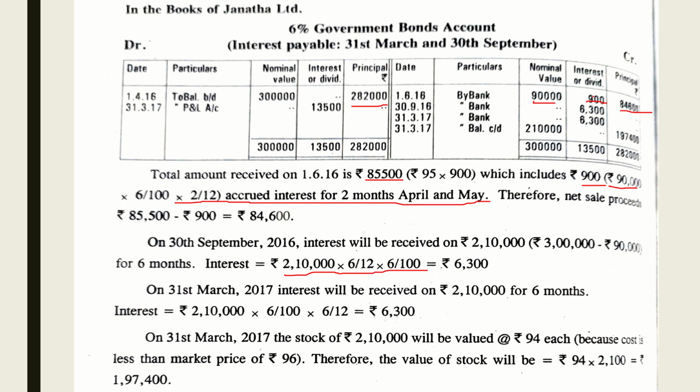Now we'll balance the interest column. 13,500 is the credit balance, and here also we have 13,500 which is transferred to the P&L account. The nominal value column we'll balance, so it becomes 2,10,000. Then the principal value column also will balance, and after balancing we get 1,97,400.